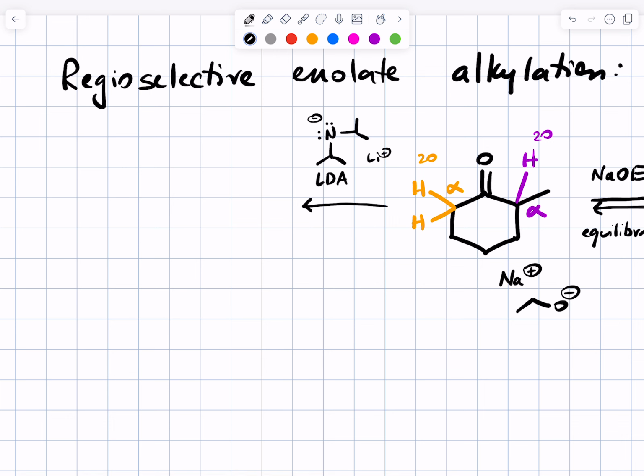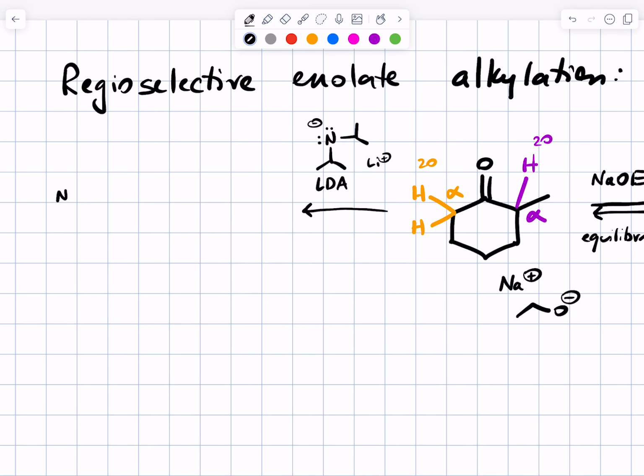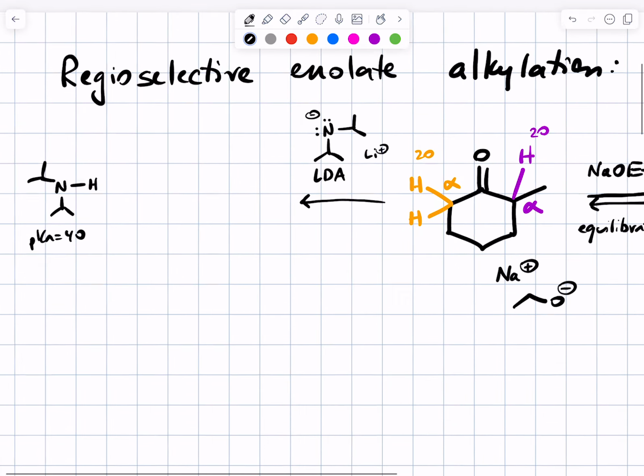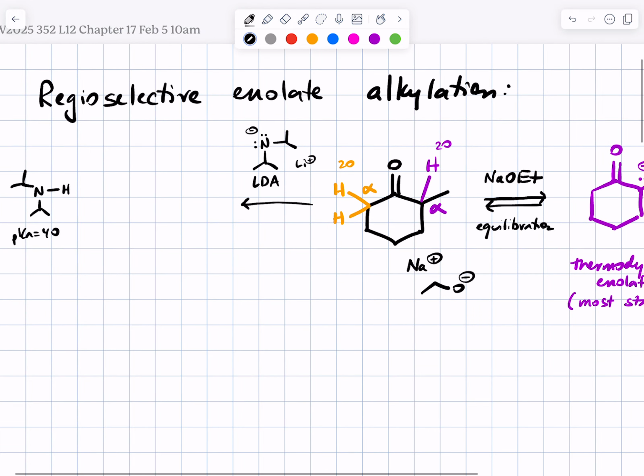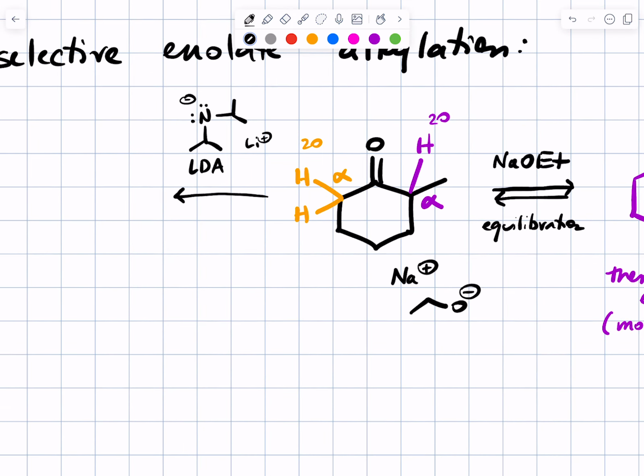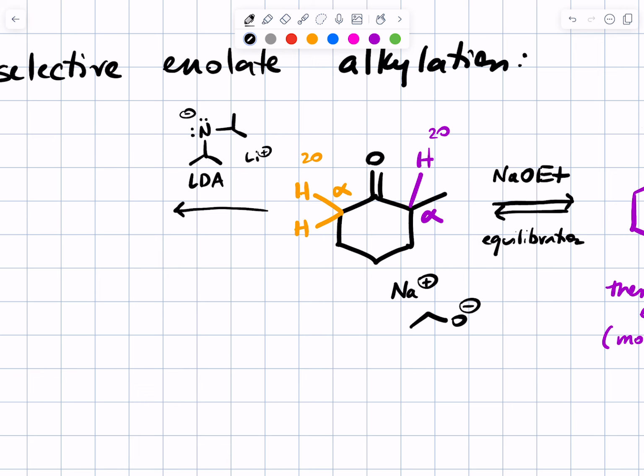The important thing here is that the conjugate acid of that base has a pKa of 40, so that is more than sufficient to completely deprotonate the alpha proton, and these are irreversible conditions.